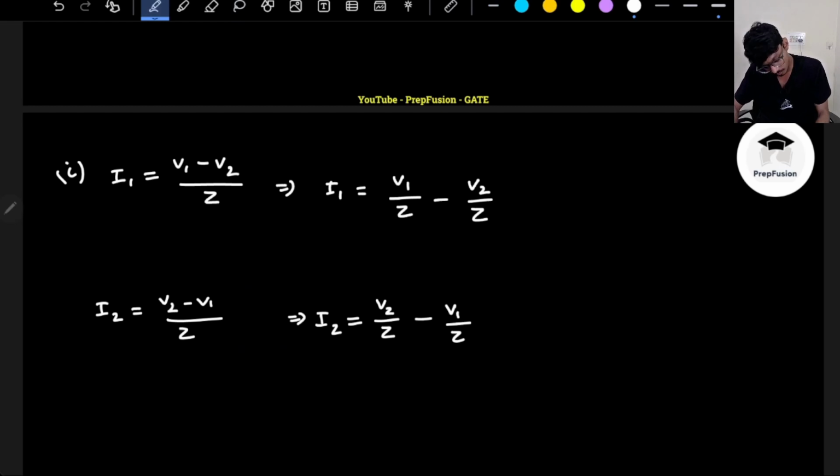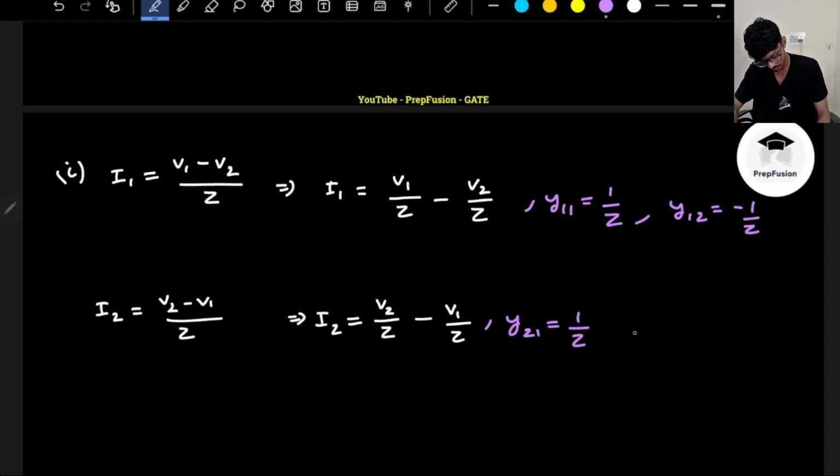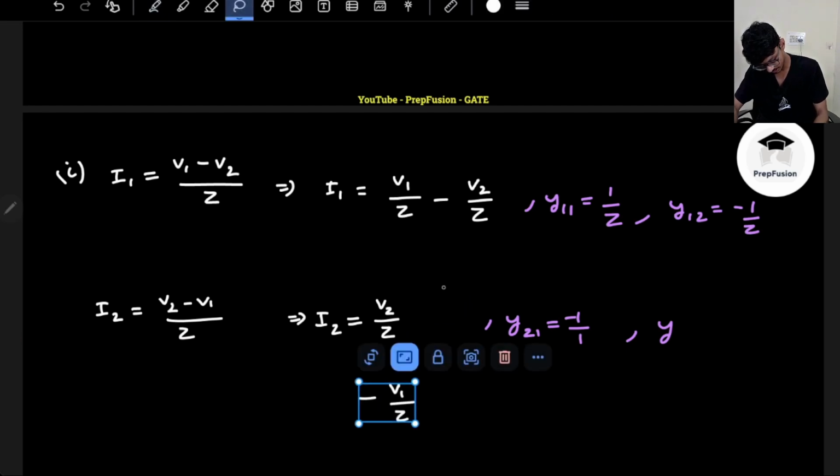So this I can compare, right? This is Y11. So what is Y11? From these equations I can compare: Y11 will be 1 by Z, Y12 will be minus 1 by Z, Y21 will be minus 1 by Z, because minus V1 by Z should be at the starting, right?